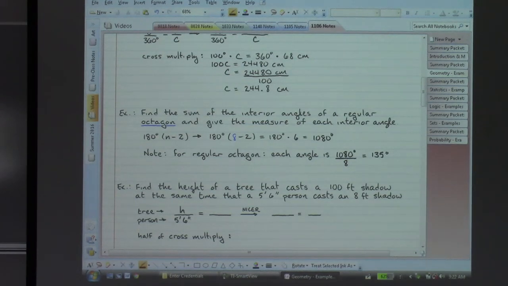The tree information also still needs to appear on top when we talk about the length of our shadow, so that would be a 100-foot shadow over top of the person having an 8-foot shadow. Now the height of the person is not a very convenient one. However, we did have this work out to be a little bit on the nicer side for us, because 5'6" is 5.5 feet.